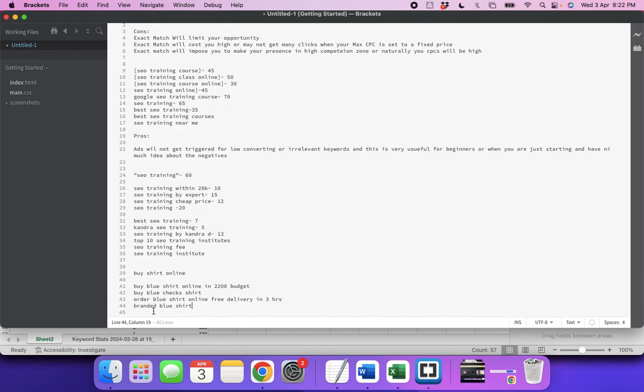Branded blue shirt, then that's all. This is something known, a common search. Just buy a blue shirt is a very common search. Buy shirt online is a very common search.